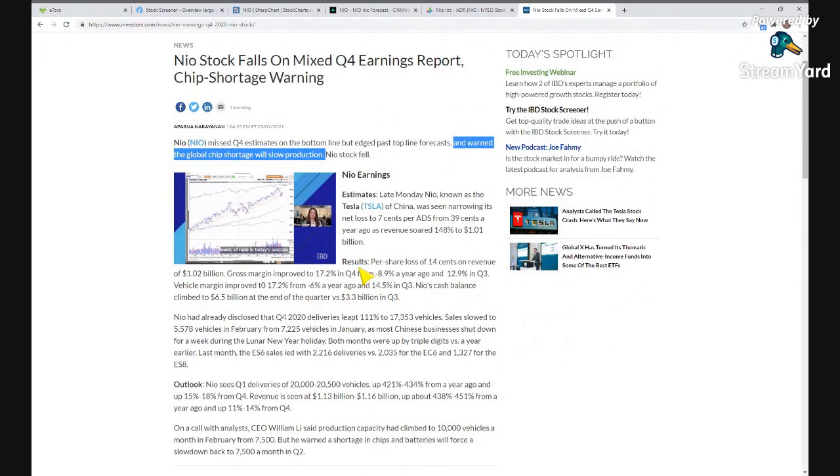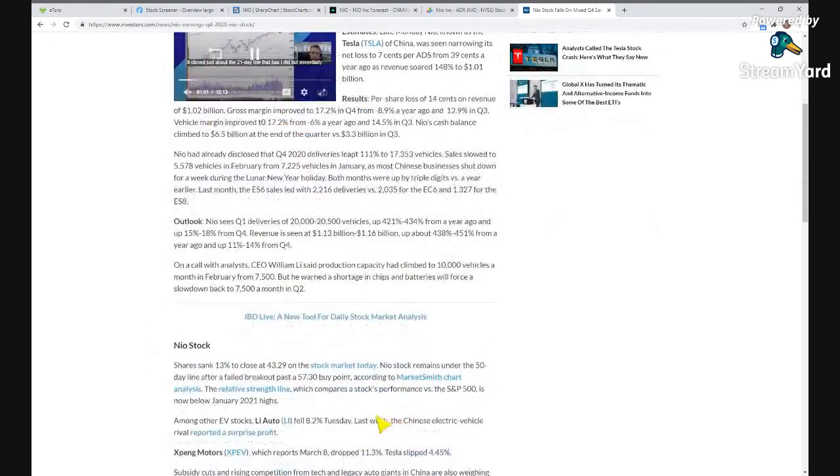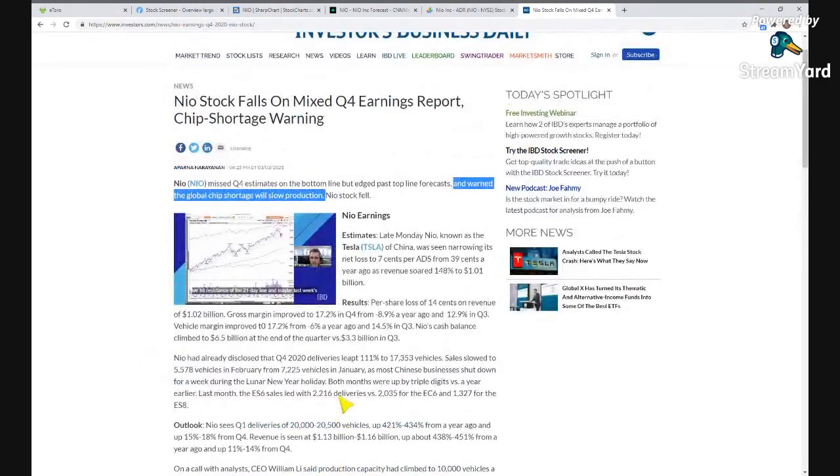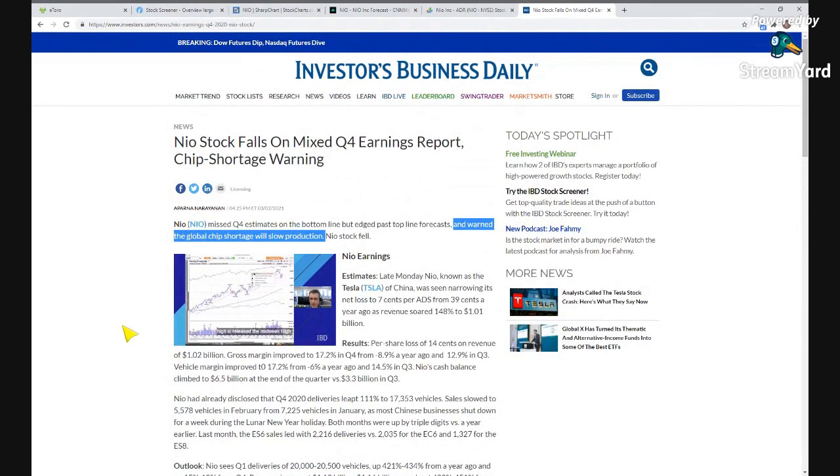They missed analyst expectations on earnings per share, but they beat analyst expectations on revenue. So you need to read about how the earning report is used as a catalyst. A catalyst is just good news or bad news, but this was a mixed earning report. And also, there's a shortage of chips in the world for Neo to make its cars, so people sold off.